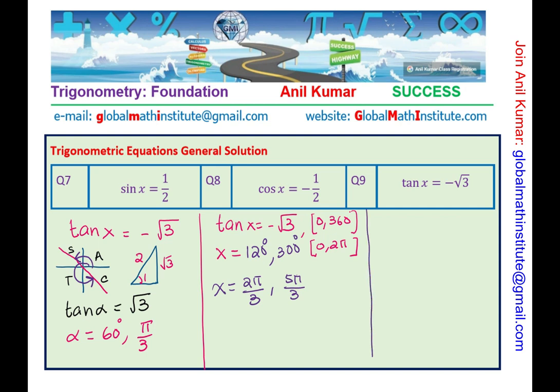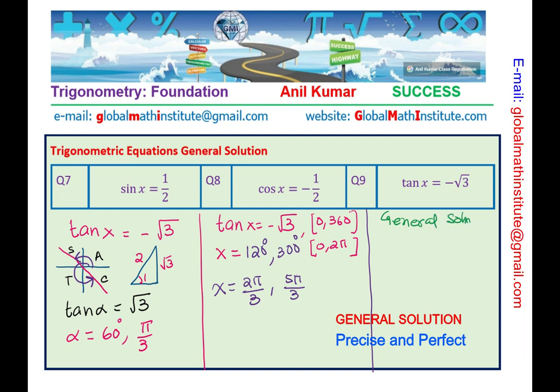But our interest is to write a general solution, right? So for the general solution, let's look at it in a different way. We have two solutions right there, where that is the angle alpha, right?